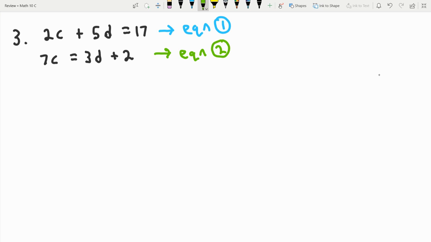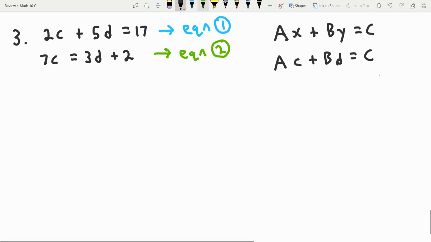In this case though, I first want to get them into the form Ax plus By equals C. And because the variables are C and D, for this case, I want them in the form AC plus BD equals capital C. So let's do that. It looks like equation 1 is already in that form, so I just have to change equation 2 to that form.